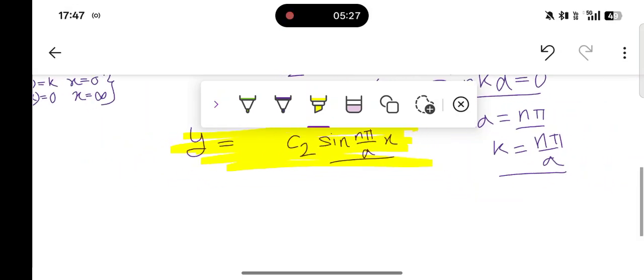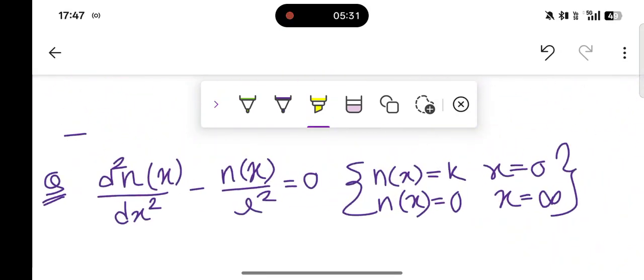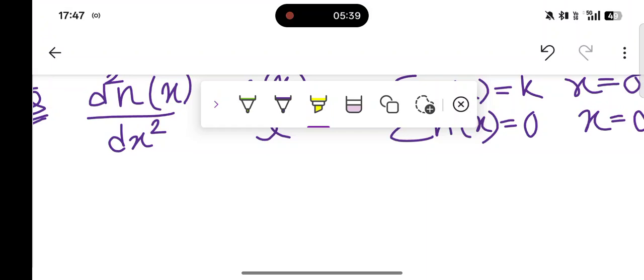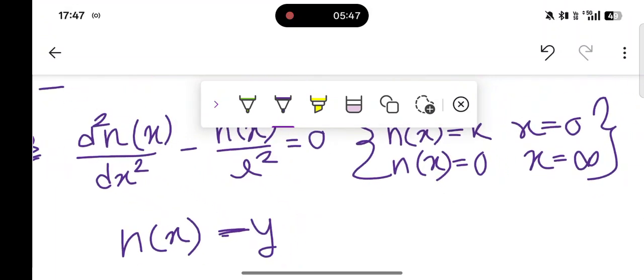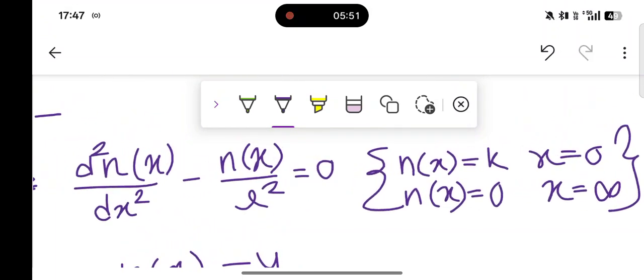Now let's talk about another problem. This is our new problem, and in that case our y is equal to nx. So for clarification I am replacing nx as y, and definitely this is our homogeneous equation, because there is no function of x.